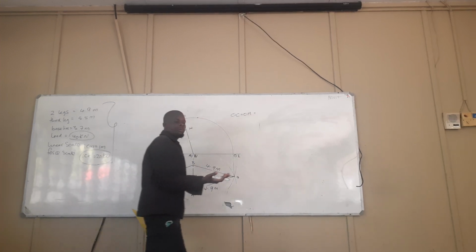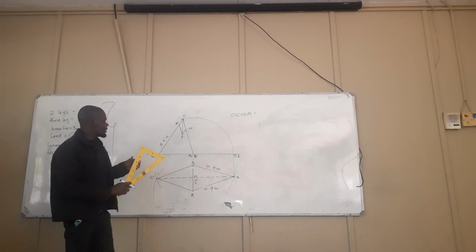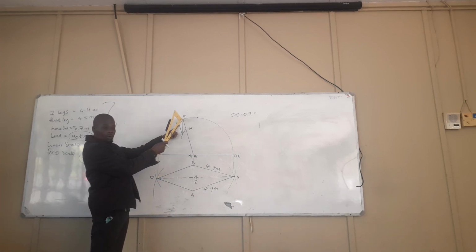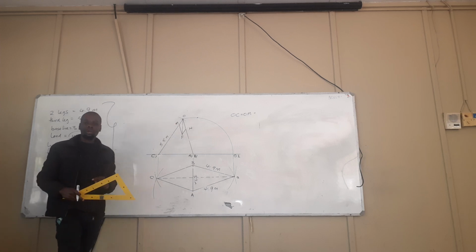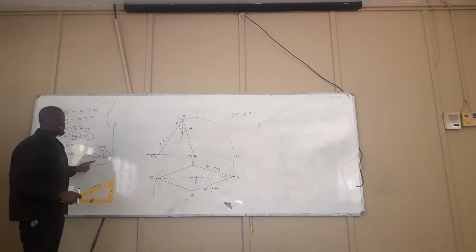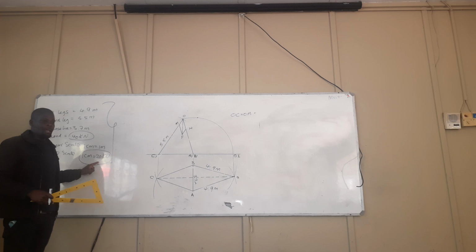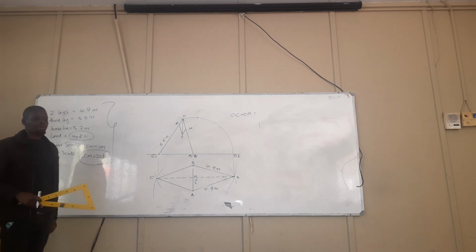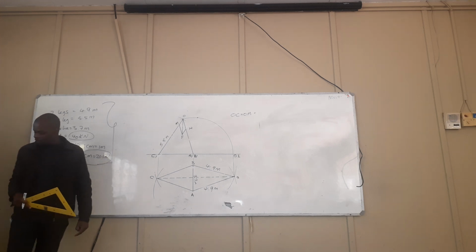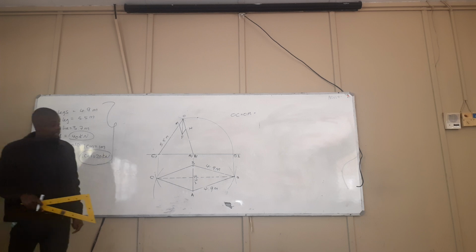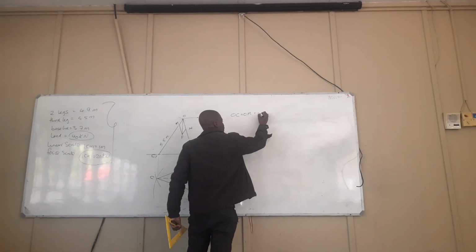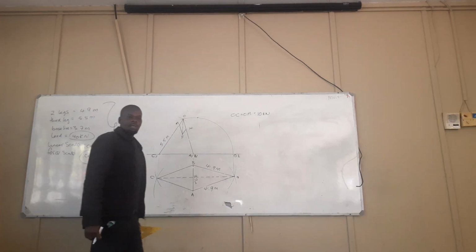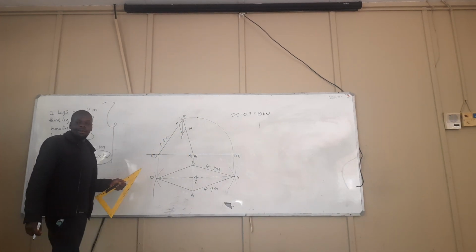For you to get the magnitude, you simply measure the line OM, check how many millimeters you get, then go back to your scale and get the kilonewtons. If you do your things properly, OM will give you plus or minus 10 kilonewtons. That is the force in the third leg.